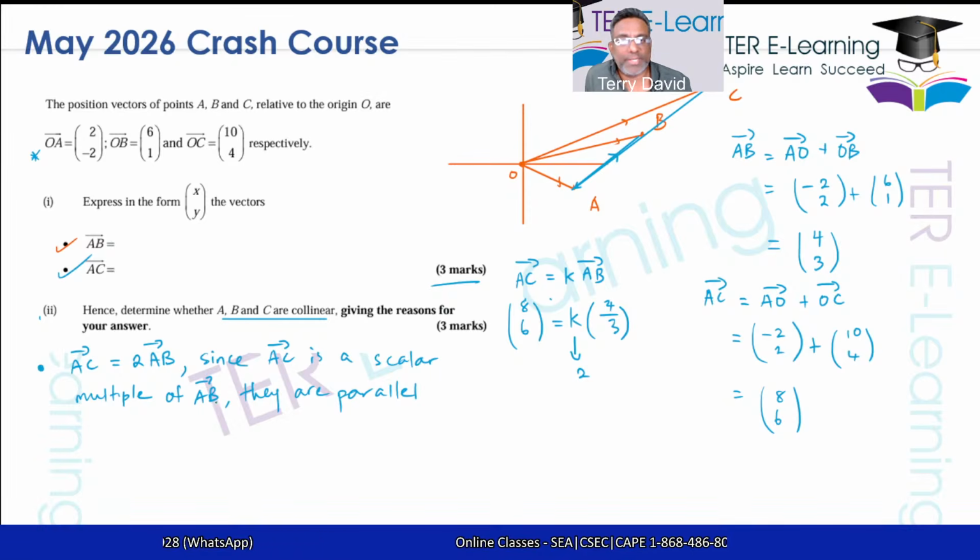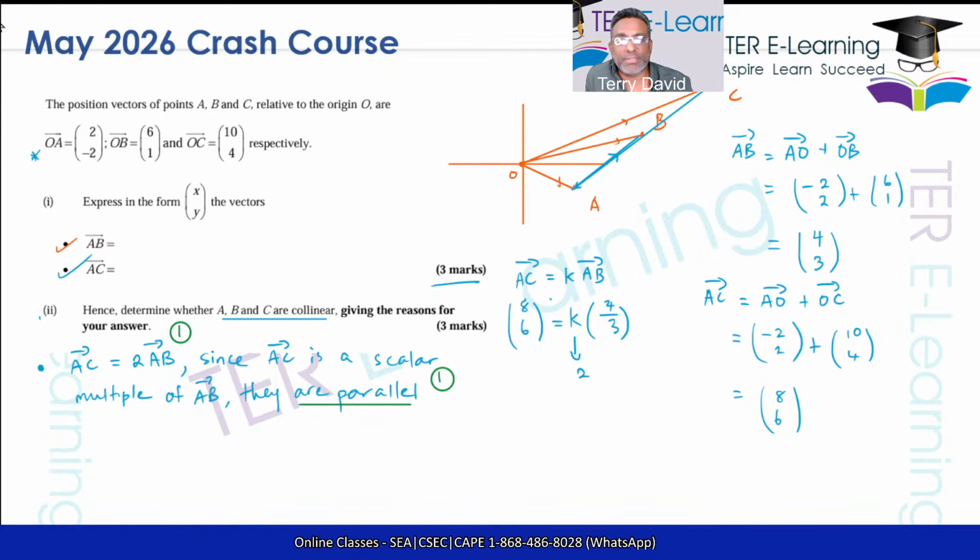The first thing they look for is the relationship between the 2 vectors, for 1 mark. Then you get a second mark for saying that one vector is a scalar multiple, so they are parallel.